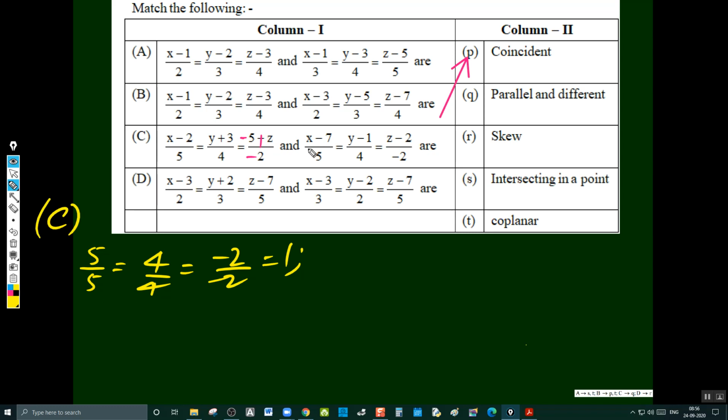Substitute in this one: 2 minus 7 by 5 is equal to minus 3 minus minus 1 by 4 is equal to 5 minus 2 by minus 2. Now, whether they are equal or not, that's why I wrote equality here, but I'm checking it out. Minus 5 by 5 is minus 1. It is minus 1 here, but here it is not minus 1. These two are equal, but it is not equal here.